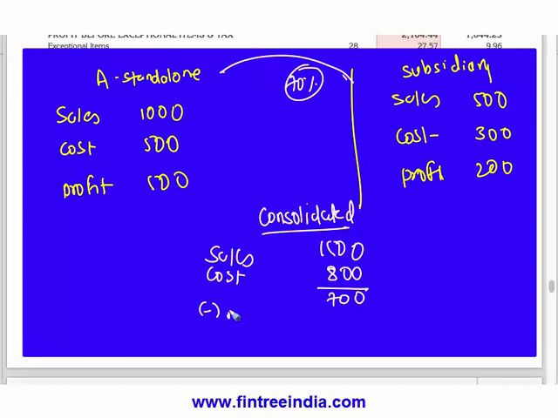Then you would say minus minority interest, which would be 60, and then profit after tax, how much is that? 640. We own 70% in that subsidiary. We do not own the remaining 30%. So the minority shareholders' share in the subsidiary's profit is deducted on the consolidated income statement. Make sense now?